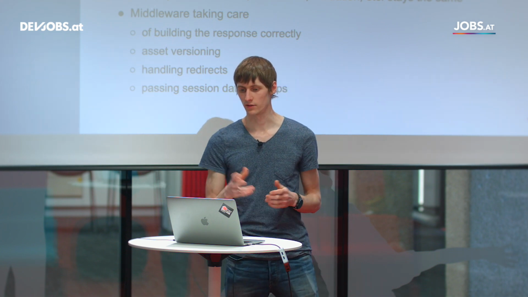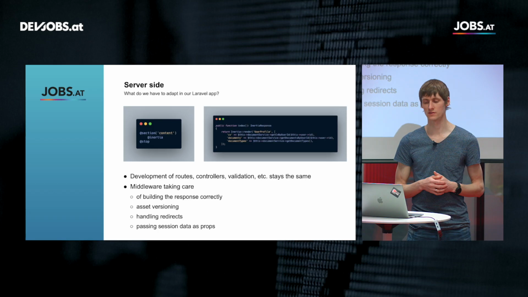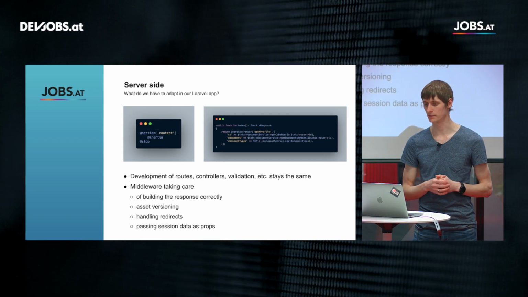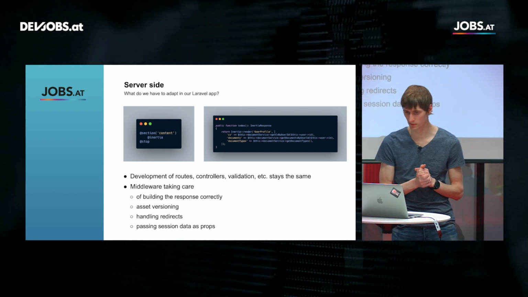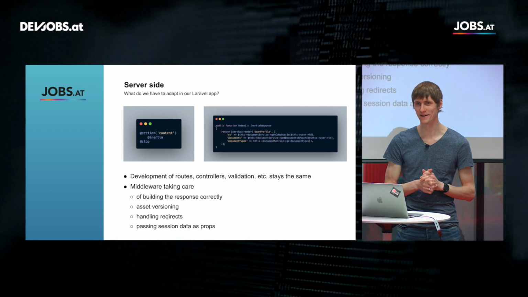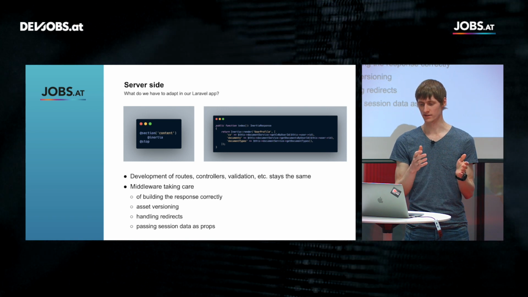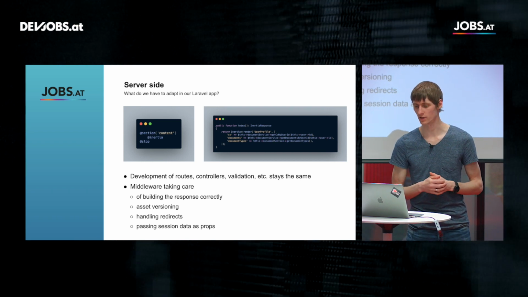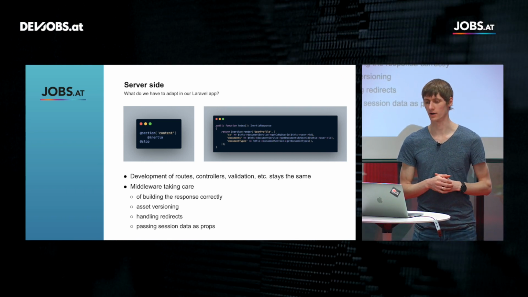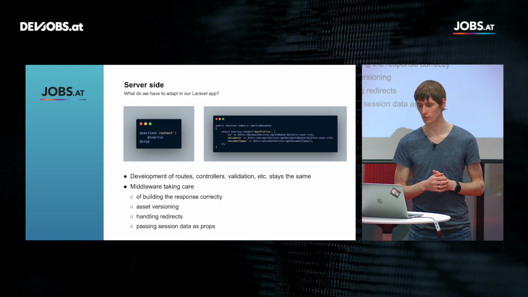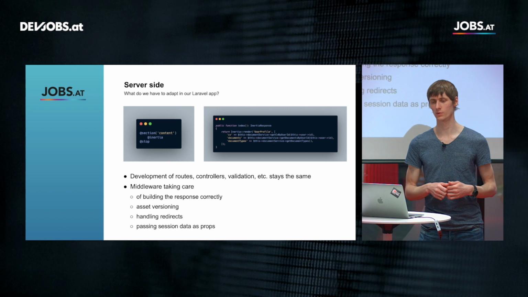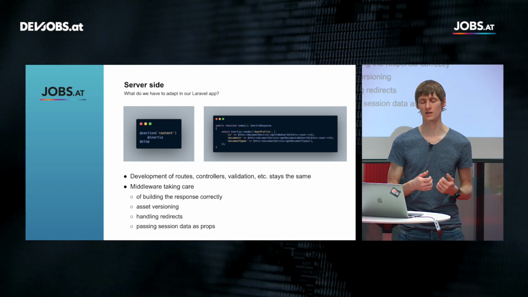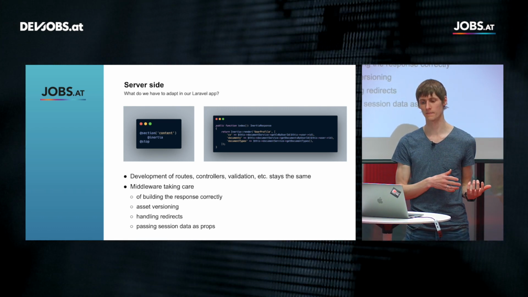And the right-hand side, the snippet shows how such an Inertia response is built up. So I hope this is a bit readable. As I said, there is this controller endpoint, and this is actually really from our real app. So we do Inertia render, and we pass the component we want to render, and then as a second parameter we pass the data.